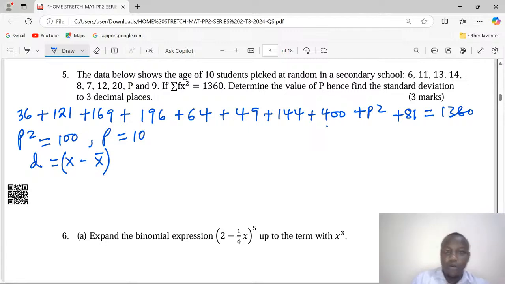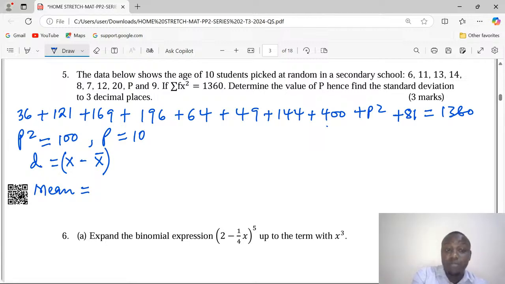So we first of all get the mean. The mean shall be given by when we add all of them and we divide by 10.